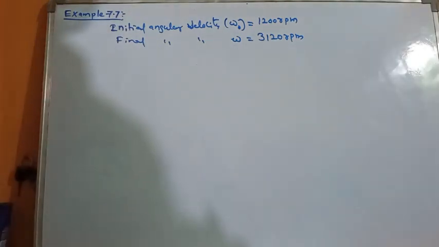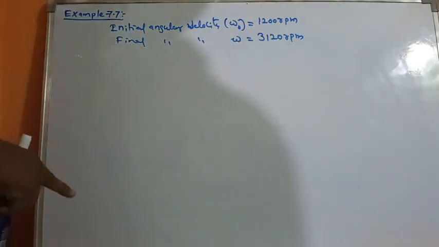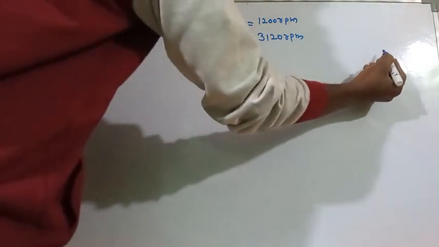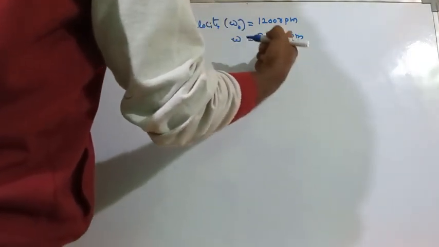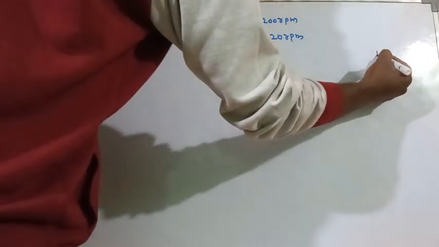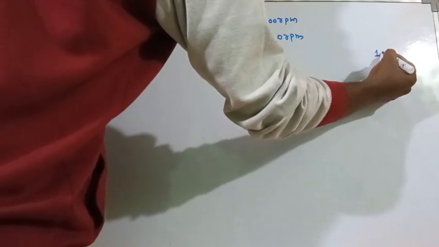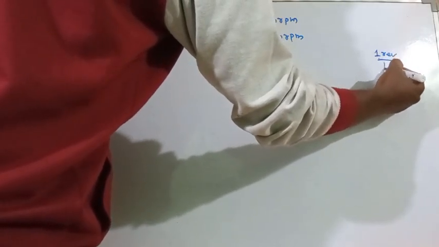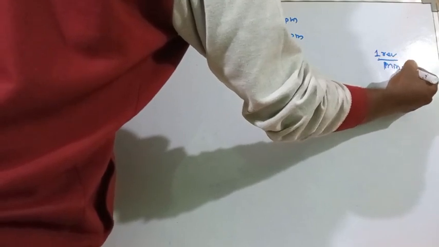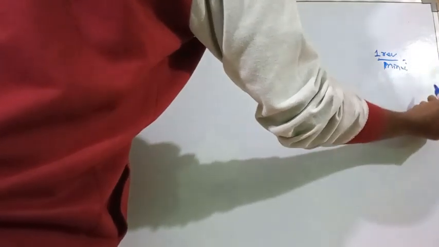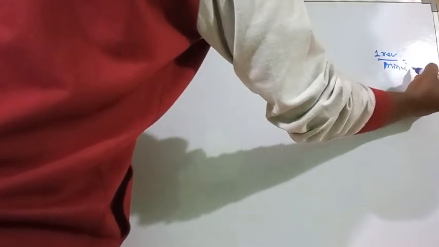rpm means revolutions per minute. While discussing the angular displacement, we are discussing this rpm. 1 rpm means one revolution per minute. In one revolution it completes 2 pi radians.